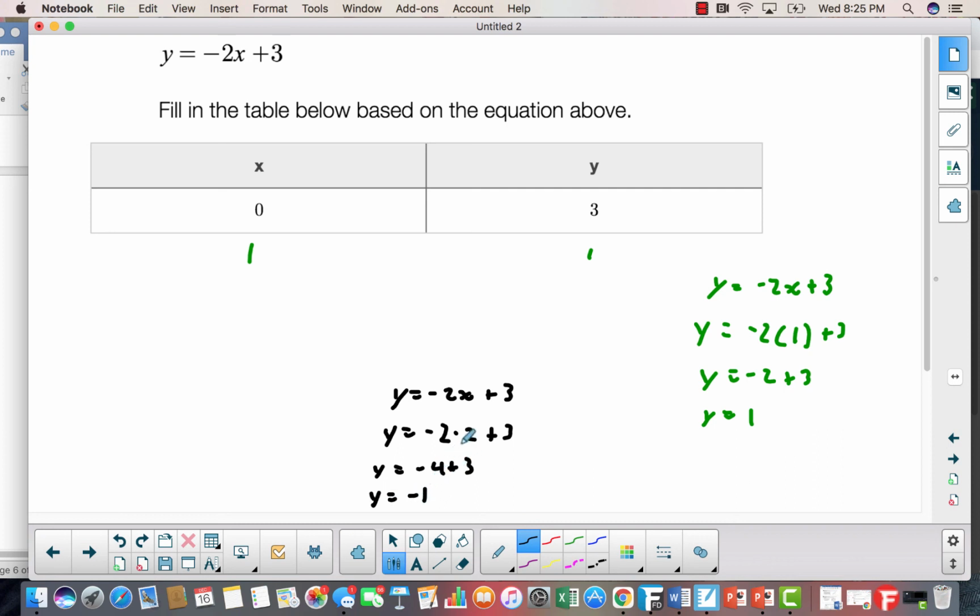So I'd put y as negative 1. So when x was 2, y was negative 1. And you catch on to a little pattern here. You notice how x is increasing by 1 and y is decreasing by 2. If I wanted to keep going, I could keep increasing x by 1 and y would then decrease by 2.